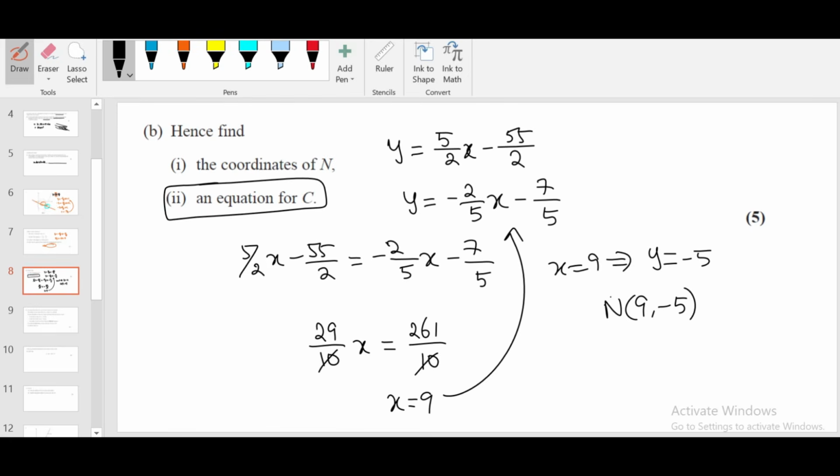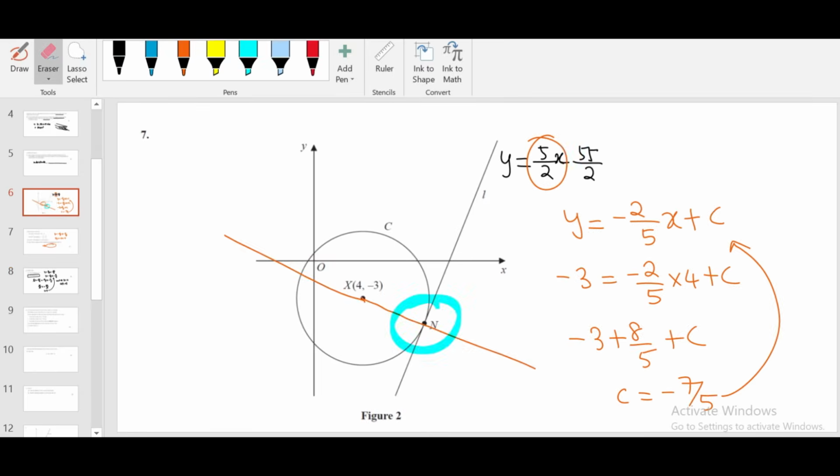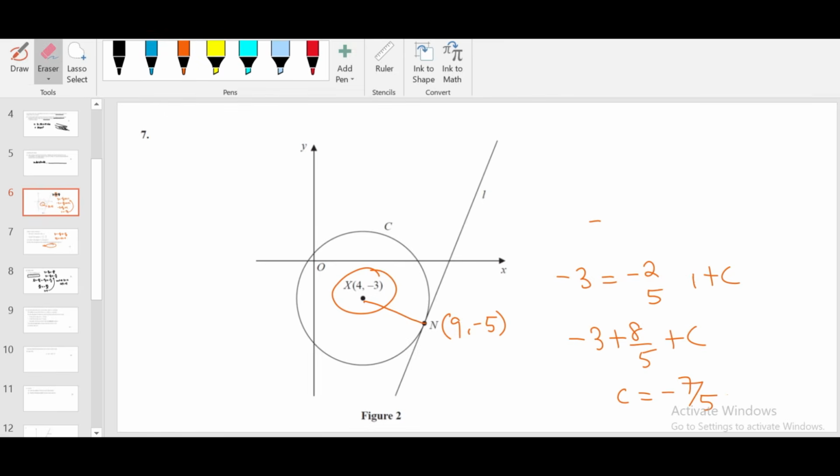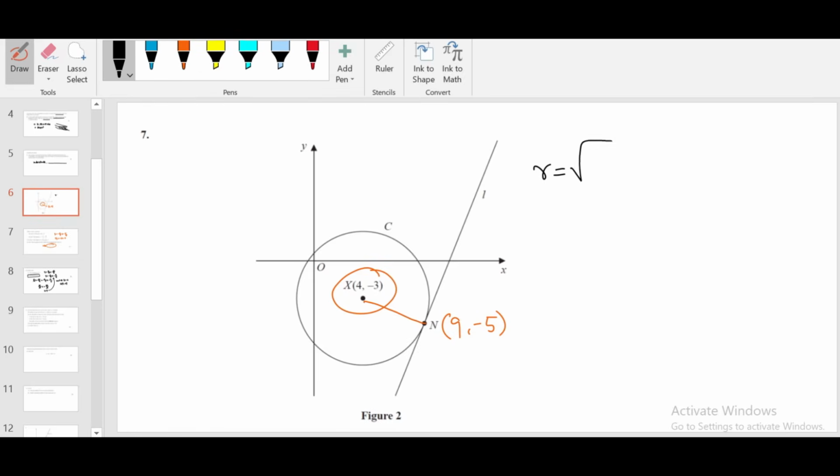To find the equation of this circle, forget about all this. You need the center, which is given already, and you need the radius. You know this point (9, -5). Find the distance between these two points. That would be the radius. So the radius is the square root of (x2 minus x1) whole square plus (y2 minus y1) whole square.